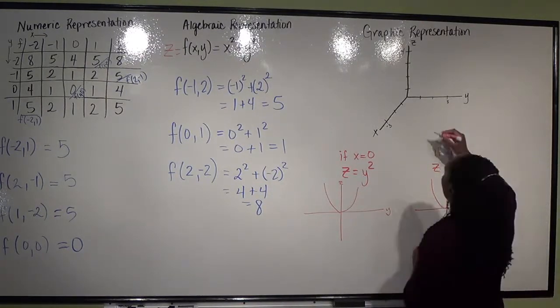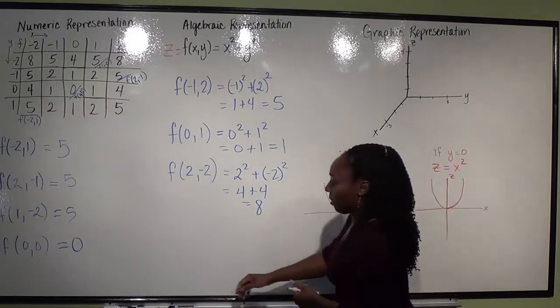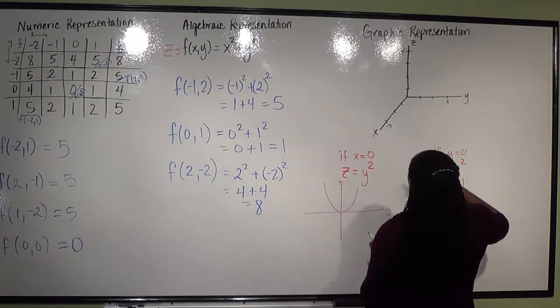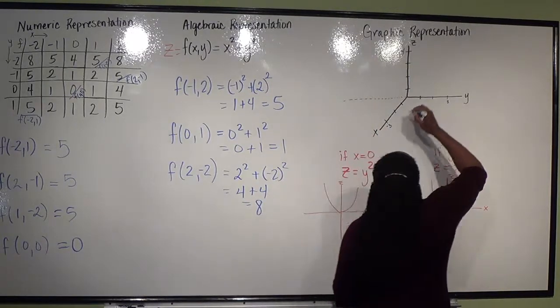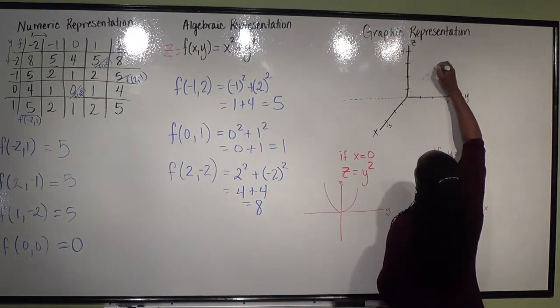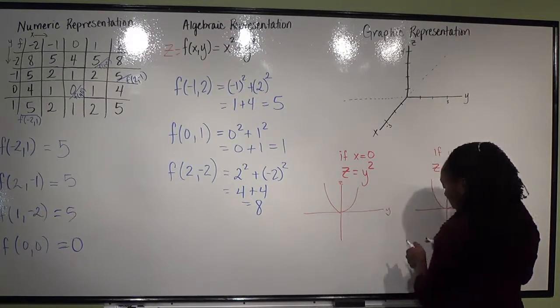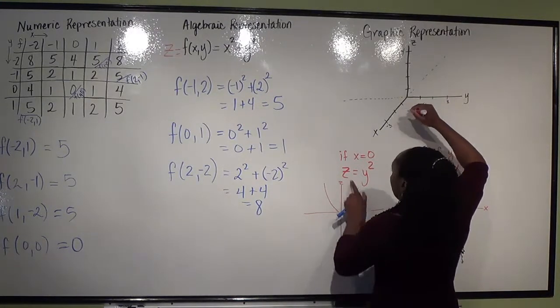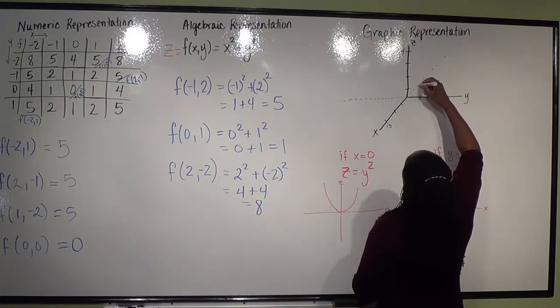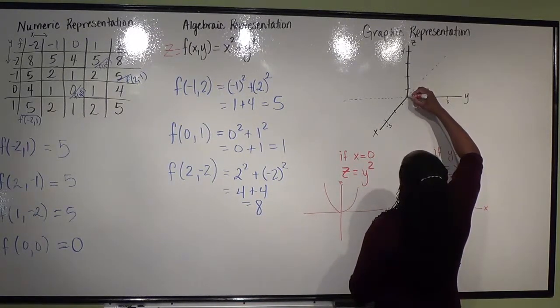And so here I can think in my y direction, and the first thing I'm going to do is dot in my negative axes here. So if I extend my y-axis to the left, and I extend my x-axis into the board, then z equals y squared, I know, is going to be a parabola in the y direction.